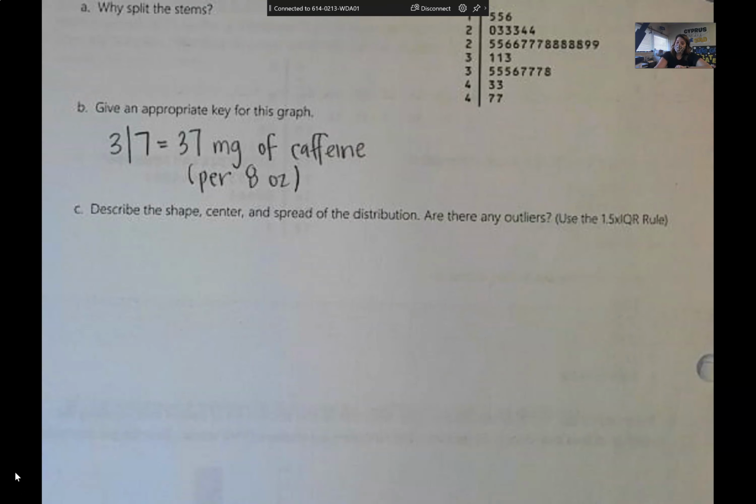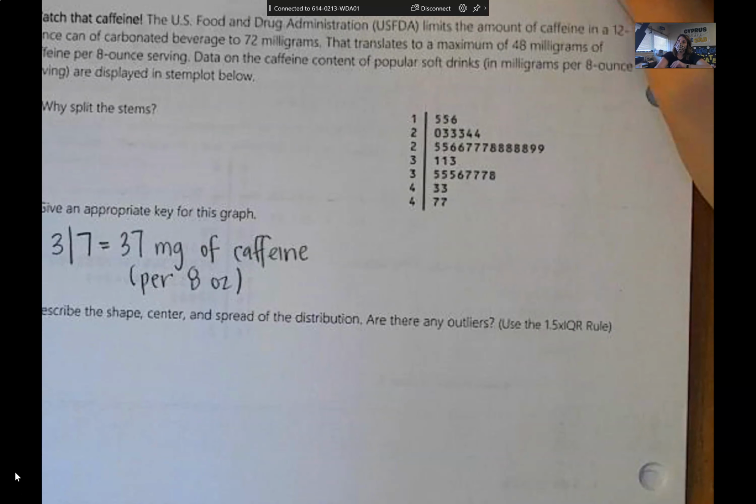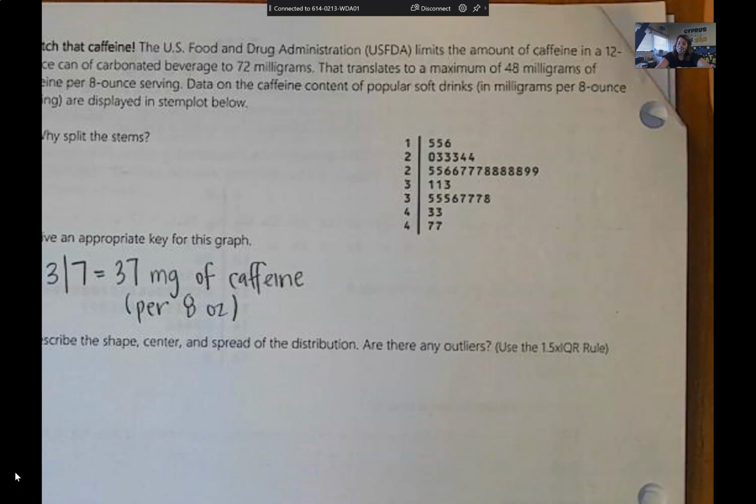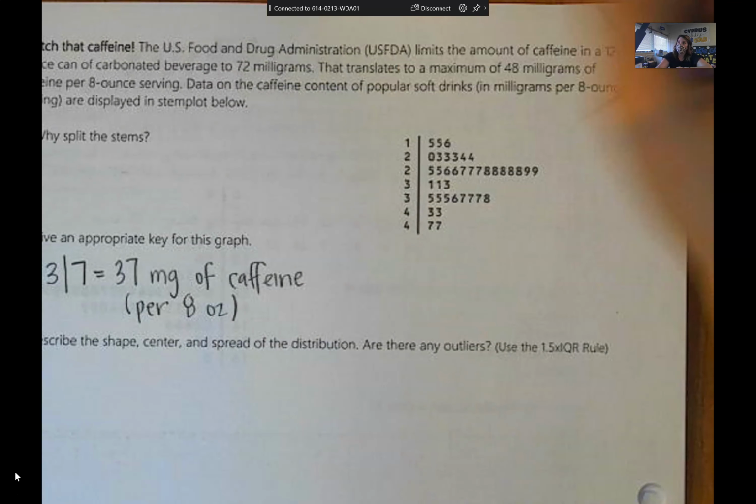Okay, so the reason that I wanted us to come here is because I would like to find the median of this stem plot together. So the first thing that we have to do is see how many beverages we looked at.